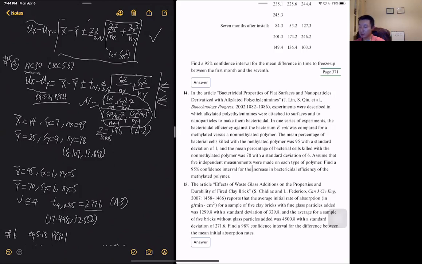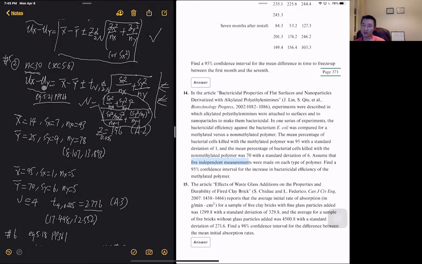So that is the increase in these materials. We compare two sets of experiments. When the sample size is small, in this case we have 5 independent measurements, n less than 30, and we want to know the difference between two mean values, we use this set of equations.